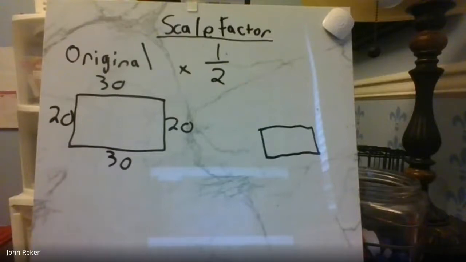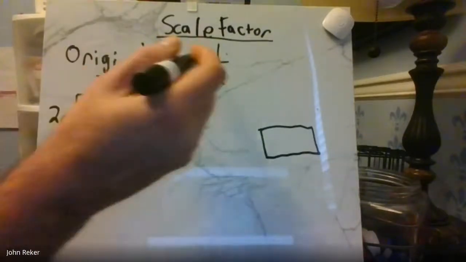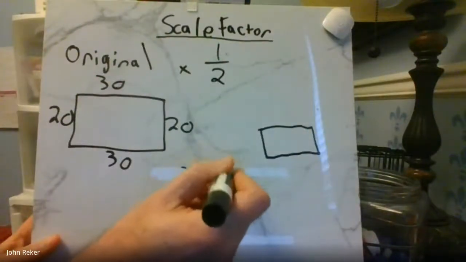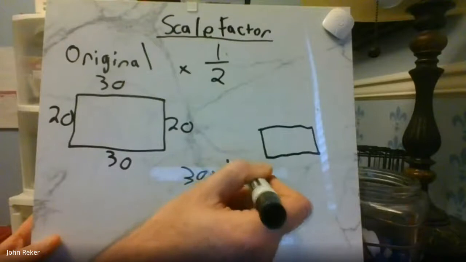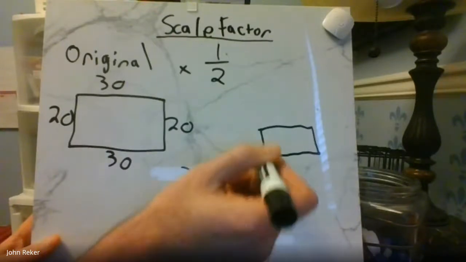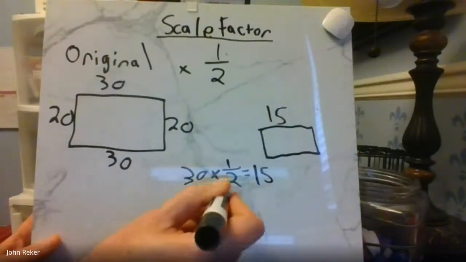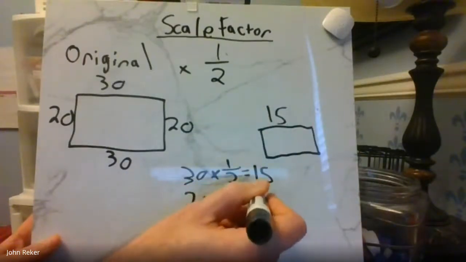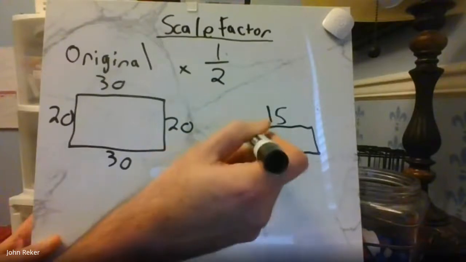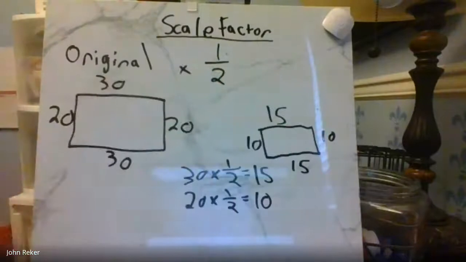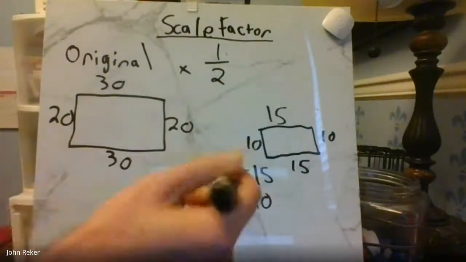So 30 times 1/2 equals 15. So this side is 15. 20 times 1/2, half of 20, is 10. This is 10. This is 15.